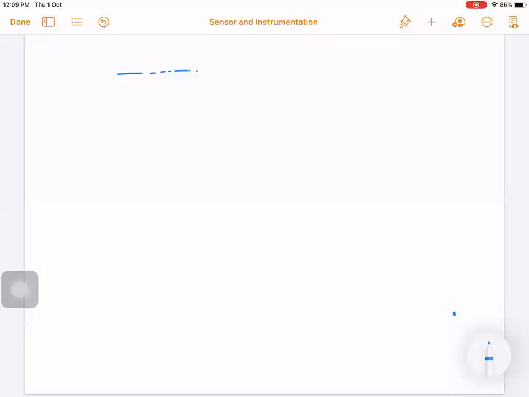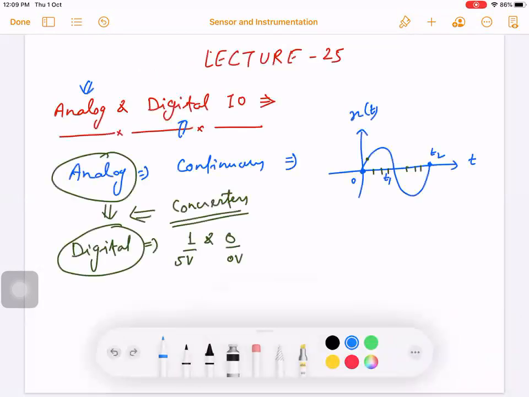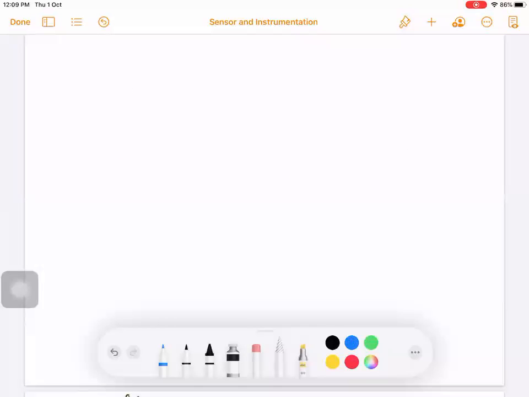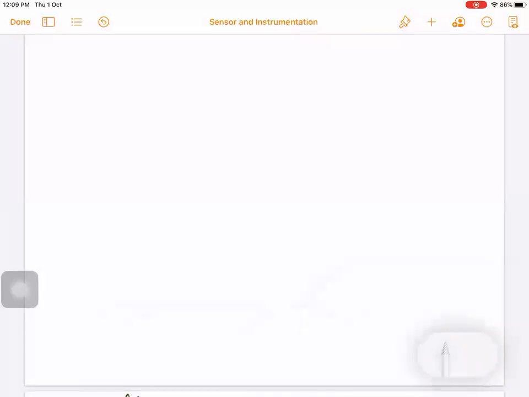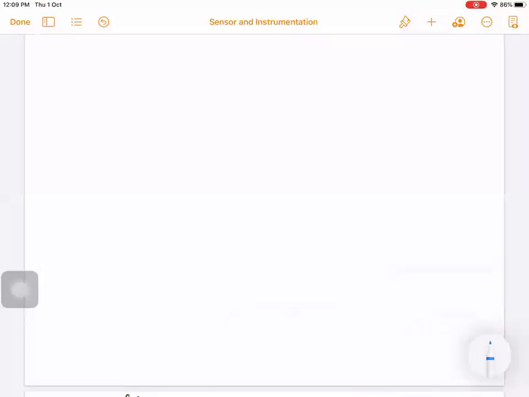So just draw this diagram. In this diagram, we are using one op-amp.